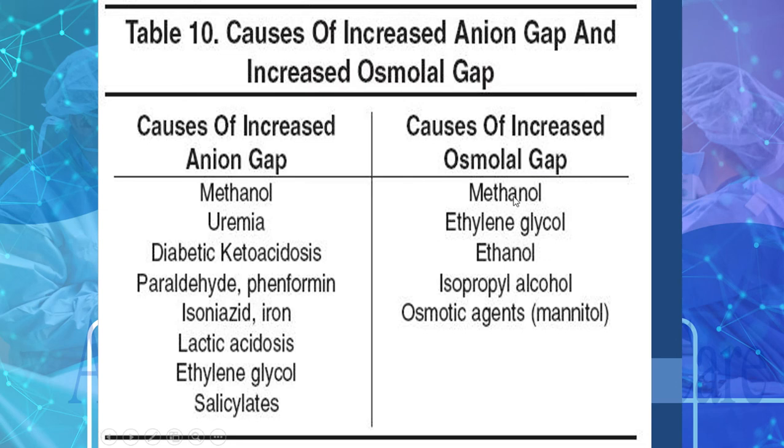Causes of increased osmolar gap: methanol, ethylene glycol, ethanol, isopropyl alcohol, and osmotic agents like mannitol. So in case of increased anion gap and increased osmolar gap more than 20, this is a medical emergency and needs prompt intervention, usually by dialysis.